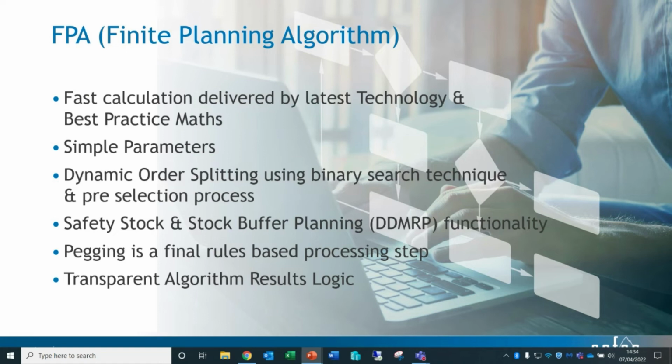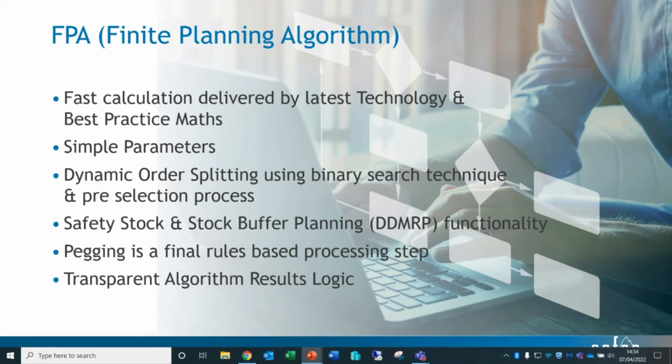And with the algorithms, there's a lot going on when you consider demand, stock, material supplies, rules, constraints, and the calculation logic and steps required in what can be very complex supply chains.